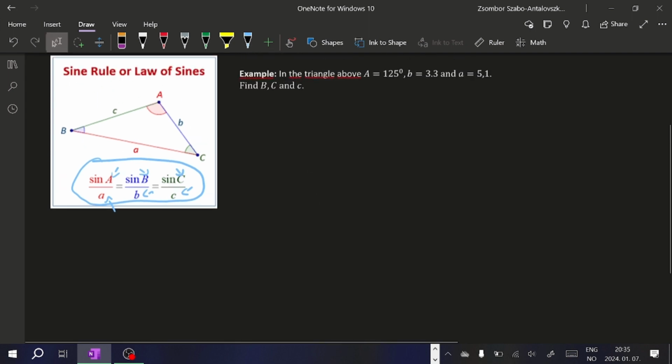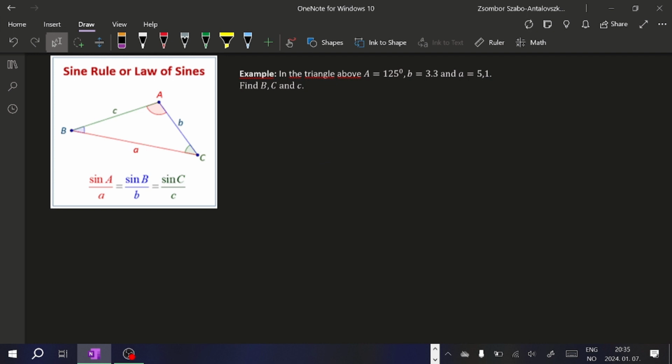If you take a look here, the sides have lowercase letters, and the capitalized letters represent angles. So that's something important to look out for.